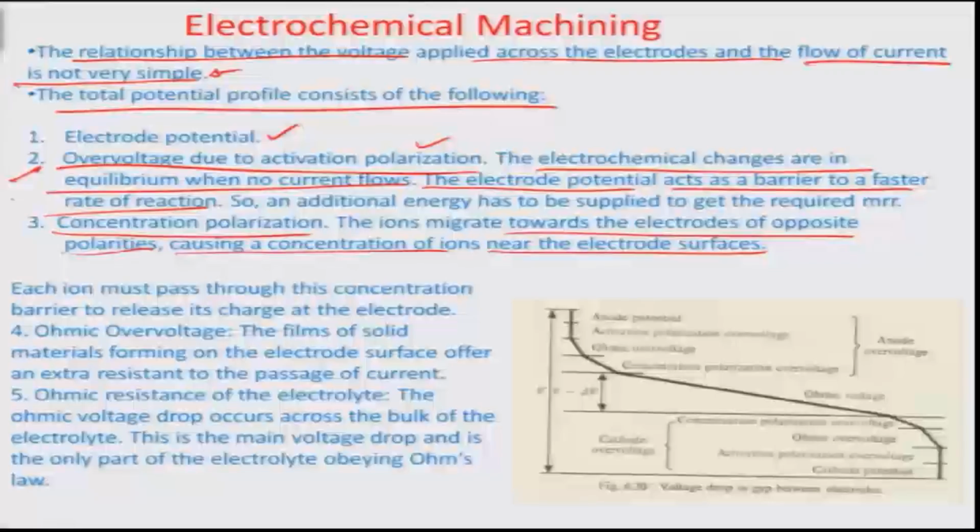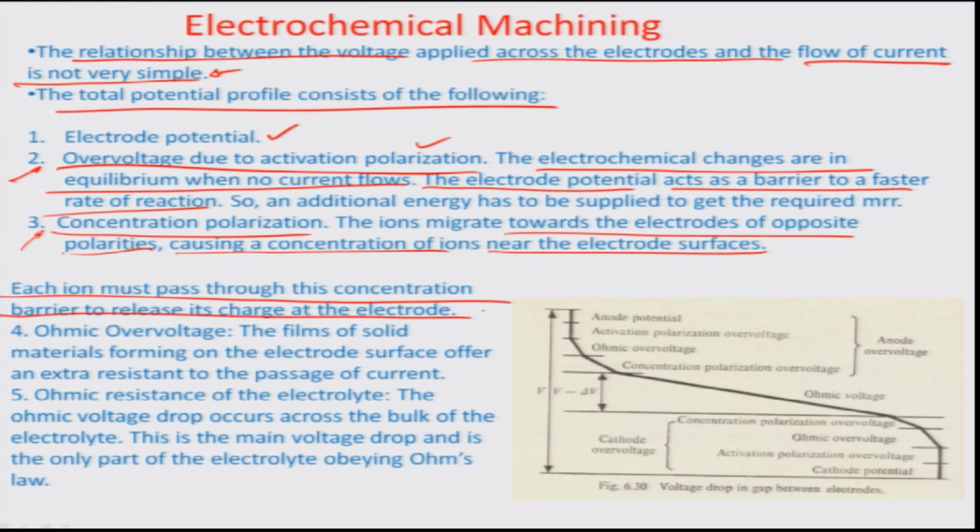So, that is another polarization. You have an over voltage due to activation polarization at the initial stage, and then as the ions migrate towards the electrodes, there is also some kind of concentration polarization. Each ion has to pass through this concentration barrier to release its charge at the electrode, which is not easy.